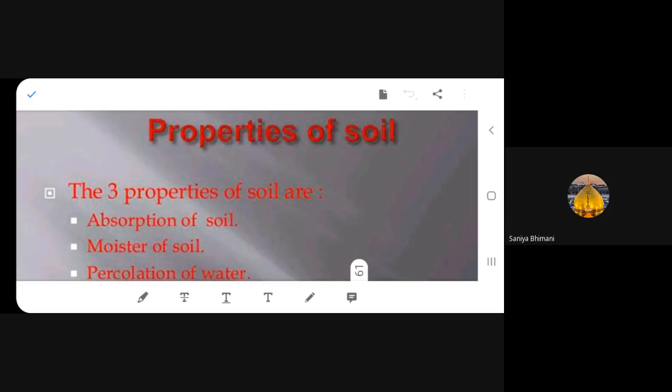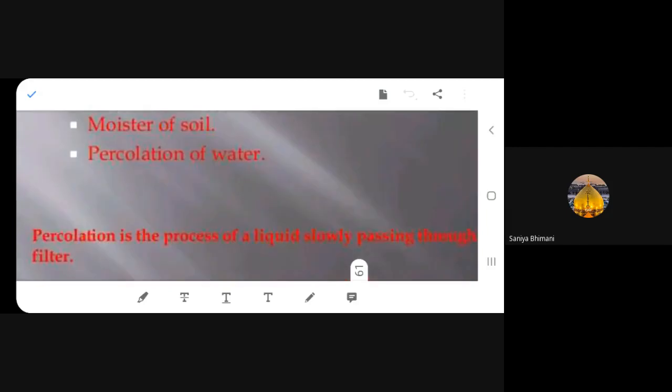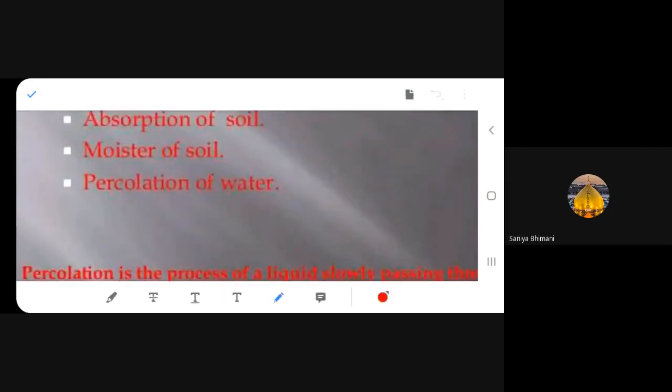Properties of soil. The three properties of soil are absorption of soil, moisture of soil, percolation of soil. No, see how you have to read it, beta.